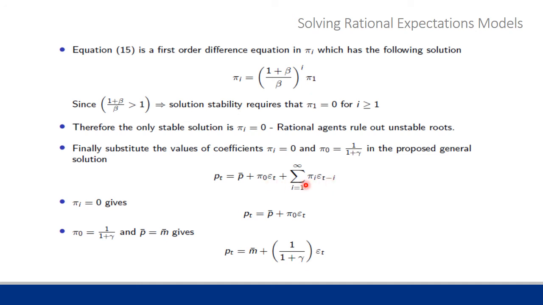Giving pi I equal to 0 means that this solution for Pt reduces down to Pt equal to P bar plus pi 0 epsilon t. And we know that P bar is equal to M bar, and we know that pi 0 is equal to 1 over 1 plus gamma, so we can just replace those, and we have a solution for price.